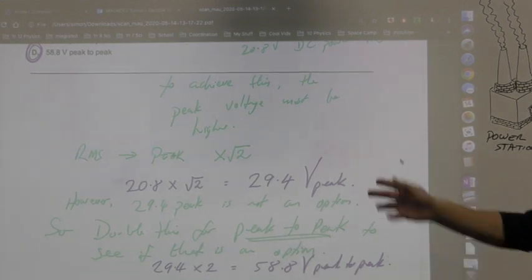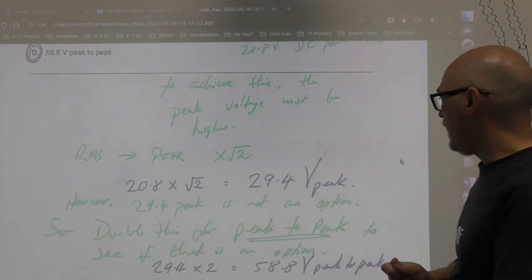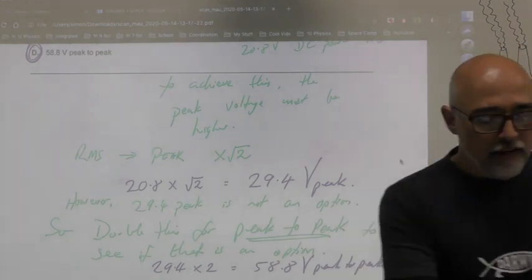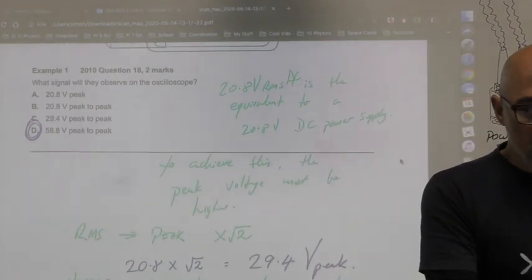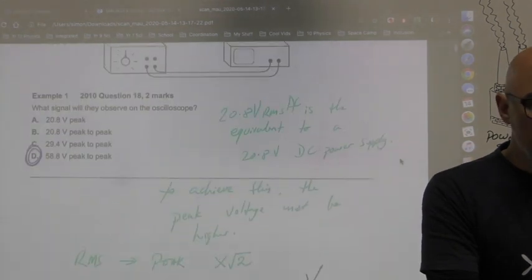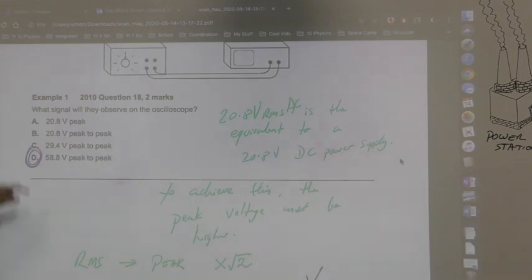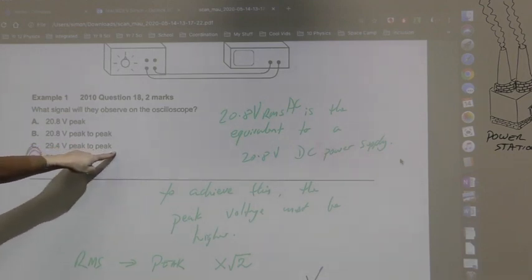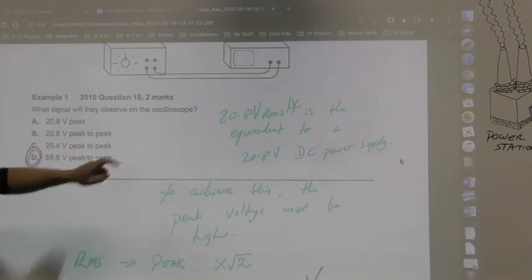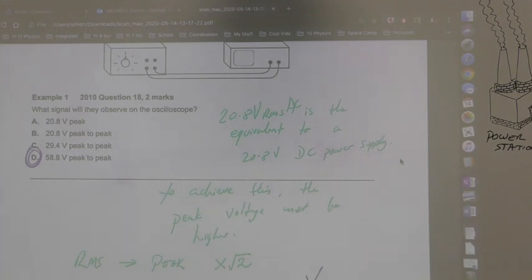So root 2 times 20.8, you get 29.4. Now, there is no 29.4 peak. Notice that they put this option in here. A lot of students will go for that option, okay? Because you're panicking, it's an exam, whatever. 29.4 peak to peak, that is not correct, all right?